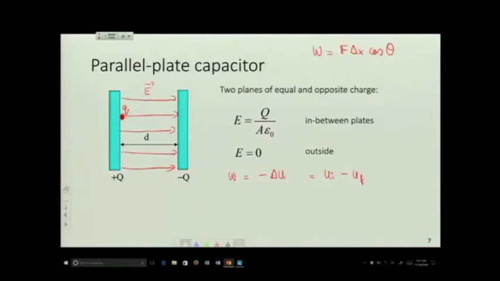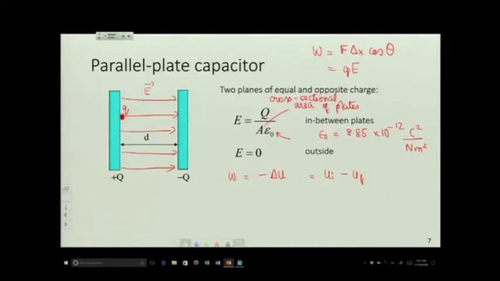Q times E is the force on charge Q. That force is not changing as I'm moving from one plate to the other, because you see this expression, it depends on the area of the plates. So in this expression, Q is the charge on the plates, A is the cross-sectional area of the plates, and epsilon naught is a constant called the permittivity of free space.